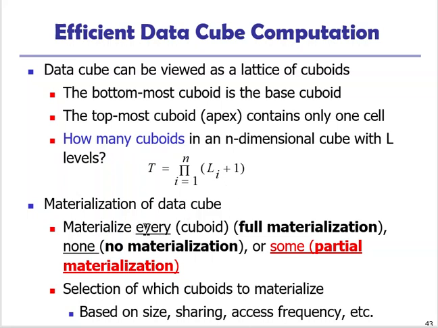One is to materialize every cuboid, and that's called full materialization. In a large data cube with many dimensions, this is rarely done. And you can also choose to not materialize any cuboids besides the base cuboid that you already have, that holds all the detailed data at the finest granularity level.